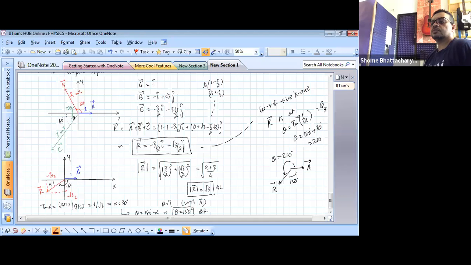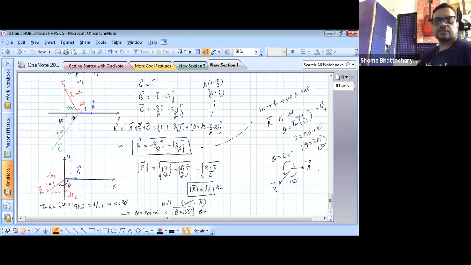So this would be your theta, the anti-clockwise theta. But since we are expressing the angle between two vectors, we don't have to give the angle as anti-clockwise. We can also give it as clockwise without changing the sign. It's an anti-clockwise angle of this thing. So it's same as clockwise of 150.